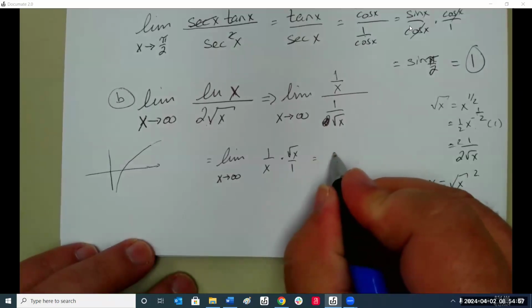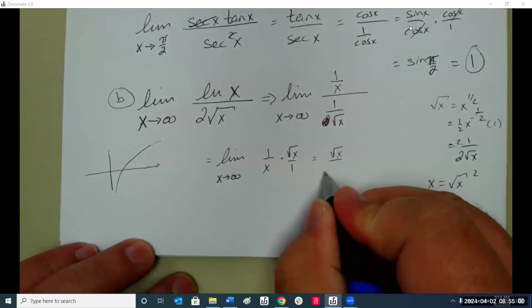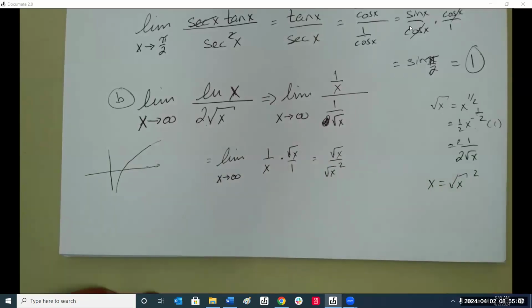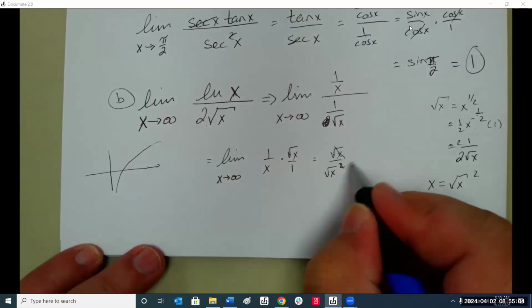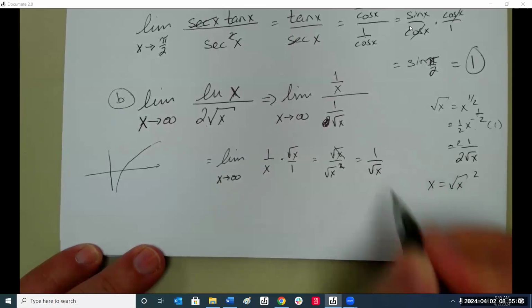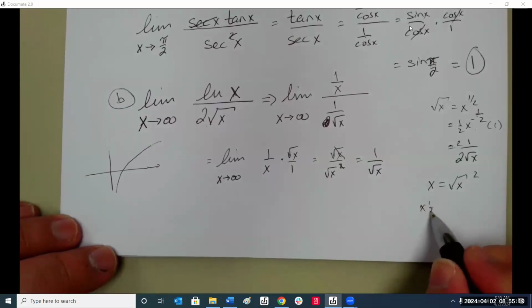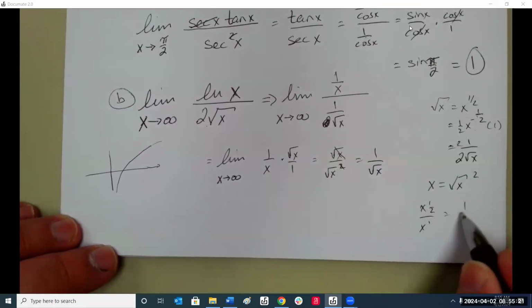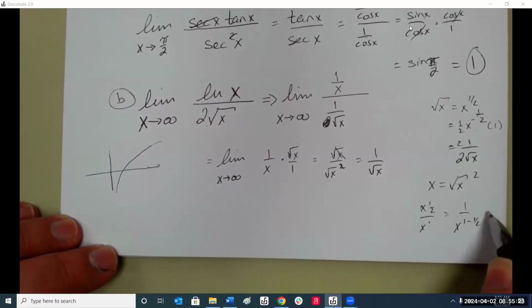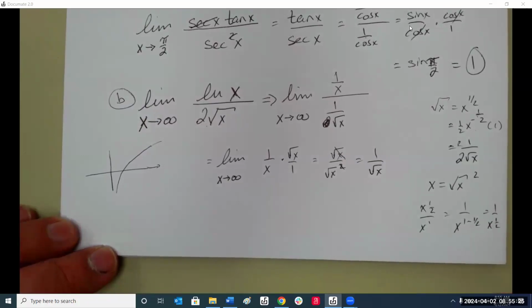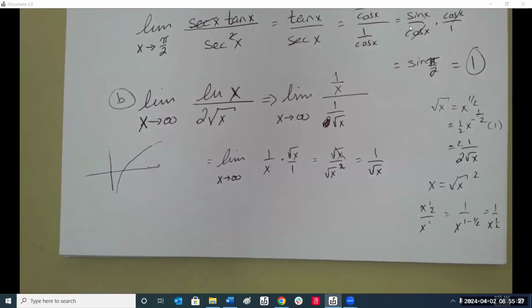So what we have here is square root of x over the square root of x squared. One of these cancels, so we have 1 over the square root of x. Or you could do it with the exponents: x to the power 1/2 over x to the power 1. 1 minus 1/2 is 1/2. You could have done that.